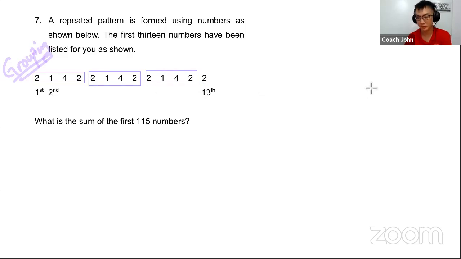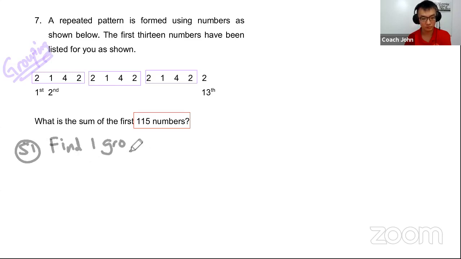Now, 115 numbers. So let's see if we can use back the 3 steps for grouping. Step 1, find one group. So one group is 2142.